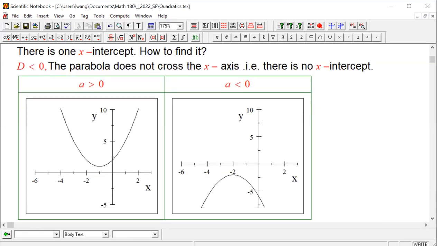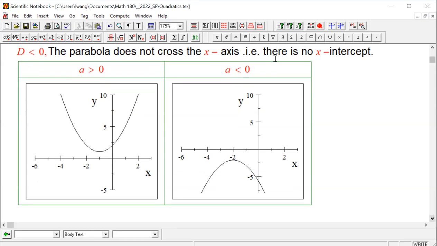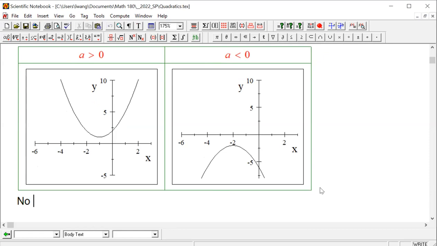In the third case, there's no x-intercept. How do we know there's no x-intercept?